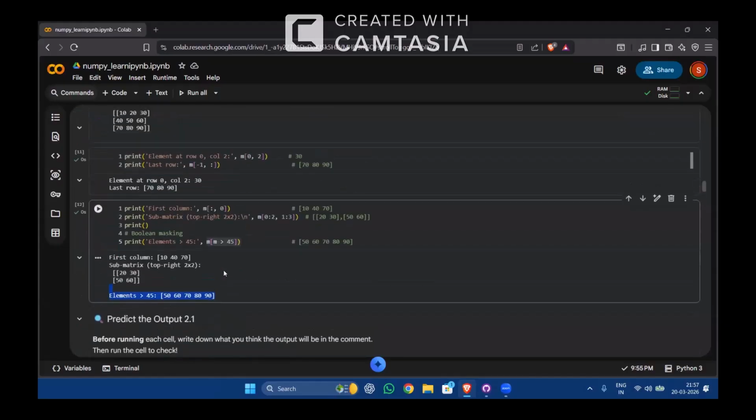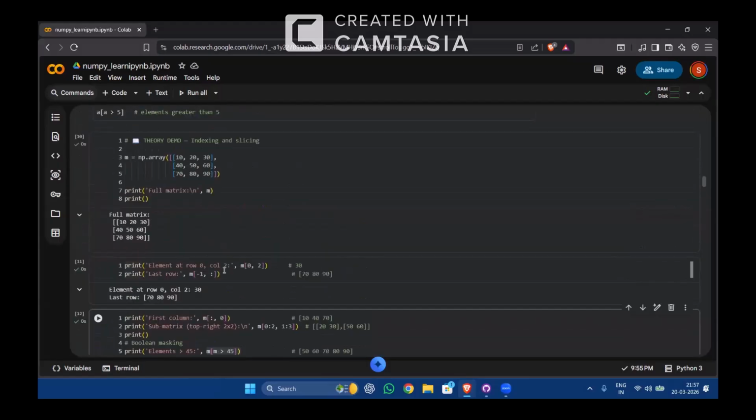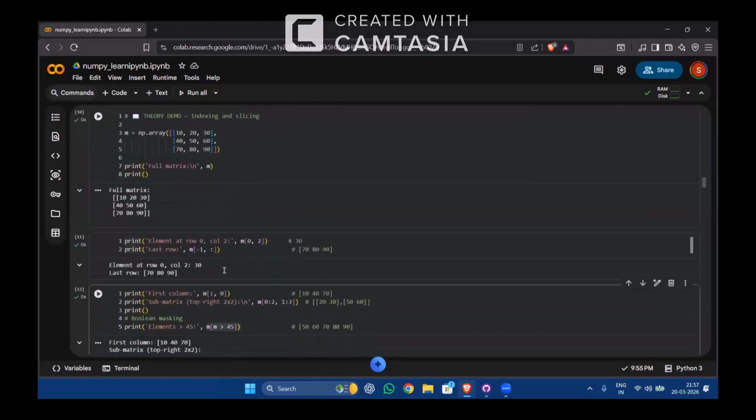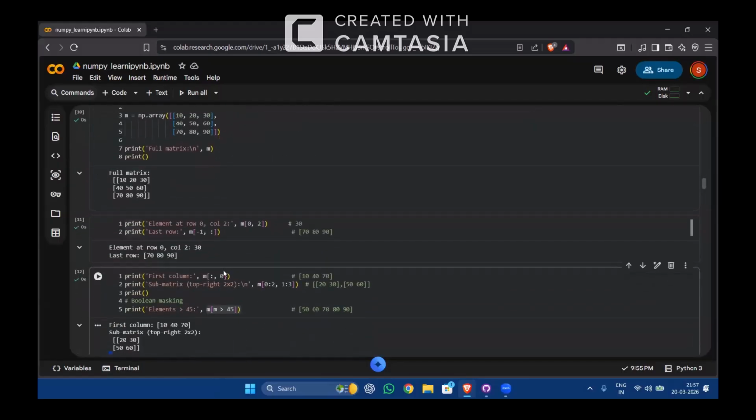Can you move down a bit? This is the one, right? Yeah.